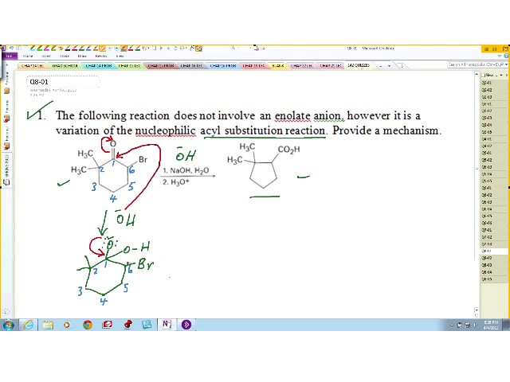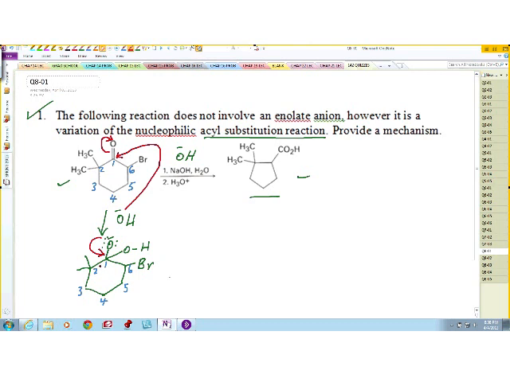Okay, so when it reforms, something has got to break. There has got to be some kind of bond cleavage, right? Because we know carbon cannot have more than 4 bonds. So what bond is going to cleave? Just give me the numbers. 1 and 2, okay? You say 1 and 2 is going to break. So you're going to break this here.